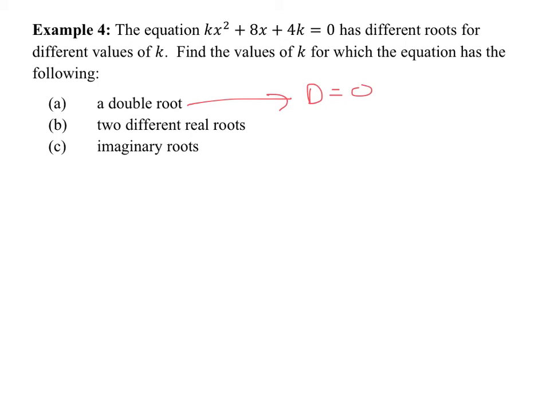So what we can do in this problem is set the discriminant equal to 0. What's the discriminant though? In this case, what's b squared minus 4ac? Just tell me. So it's 8 squared minus 4 times k times 4k. Remember, k is not a variable.